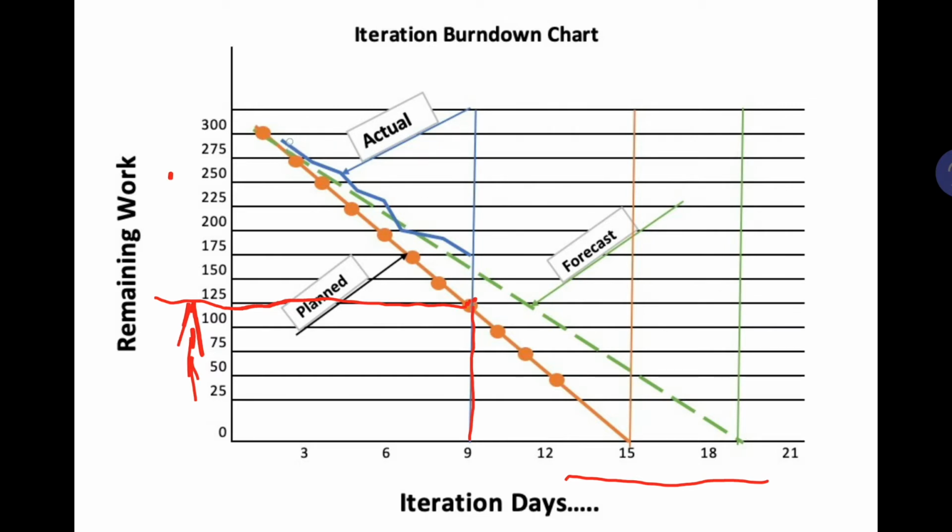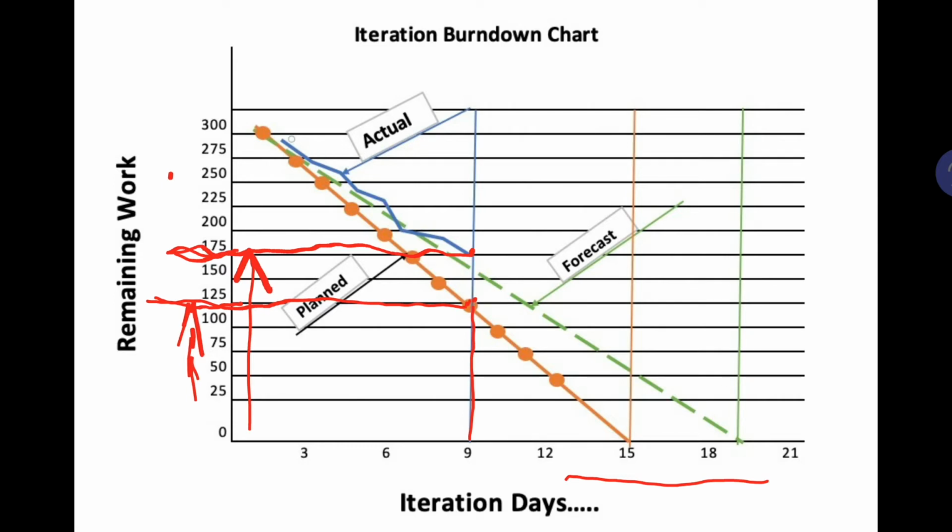This blue line is our actual progress. At day 9 we have actually completed only this much work, and we have approximately 175 activities remaining, which were supposed to be about 125.